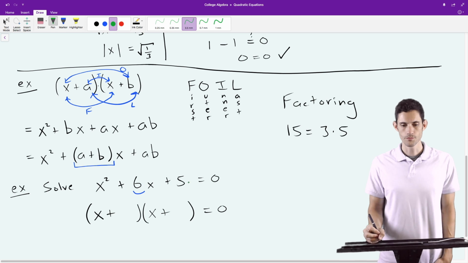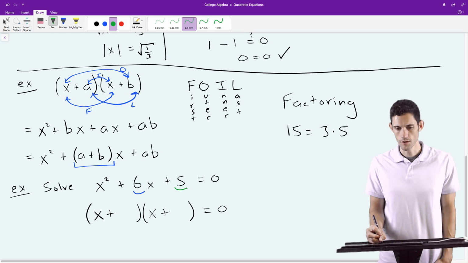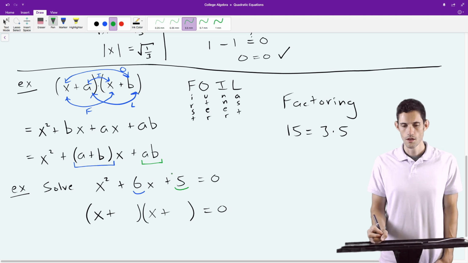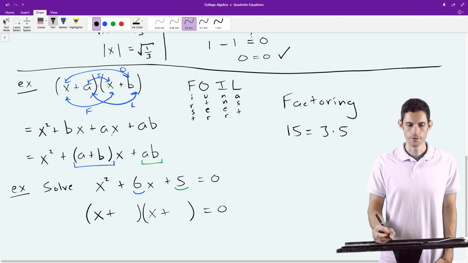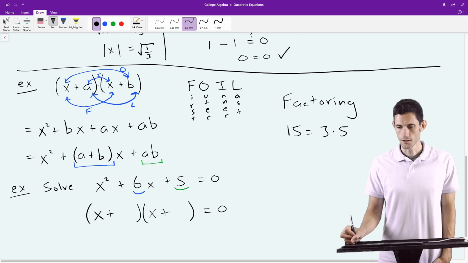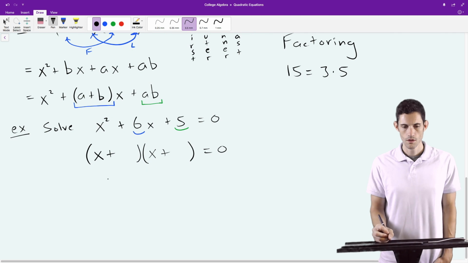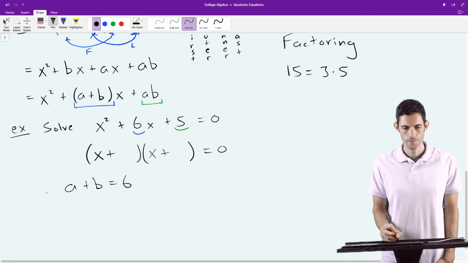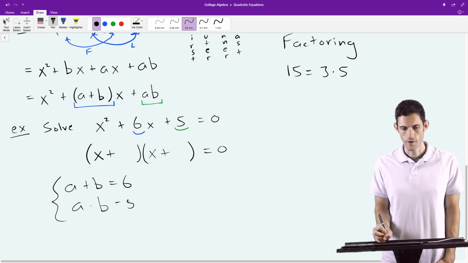I also know that this constant term at the end, that's got to be a times b. So I'm just matching these two things together. So that tells me that a plus b is equal to 6 and a times b is equal to 5.